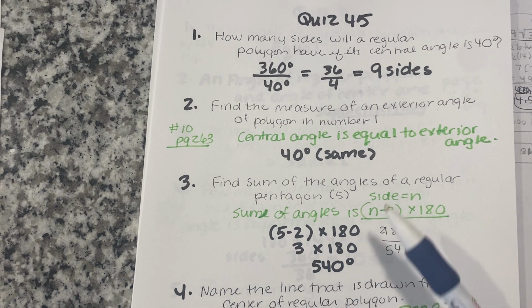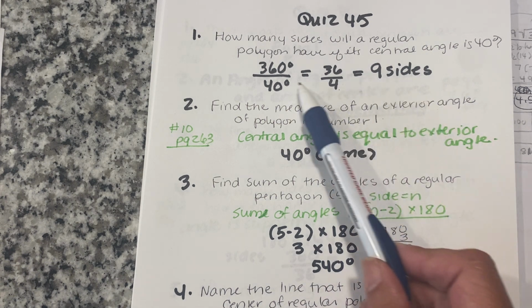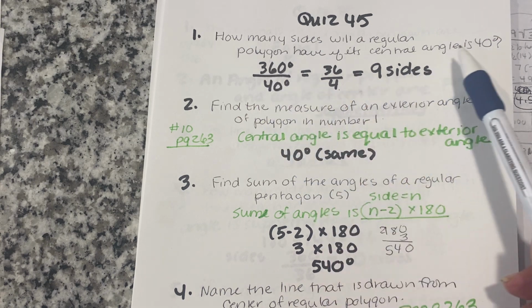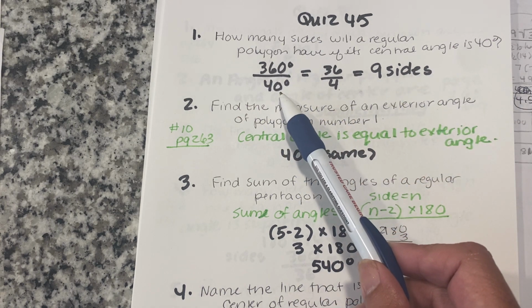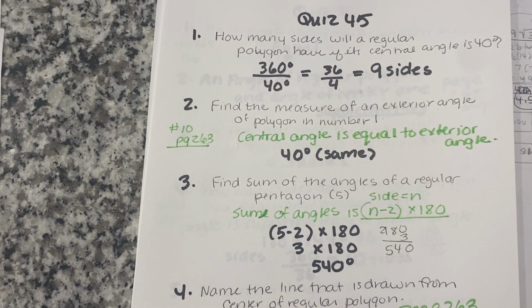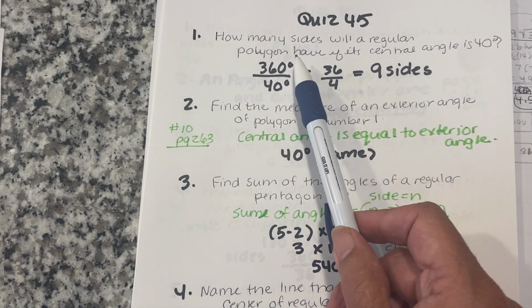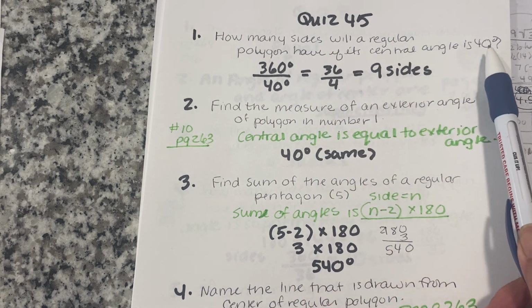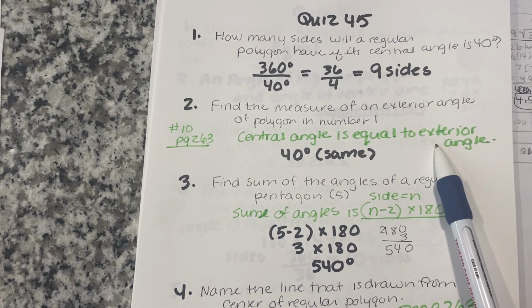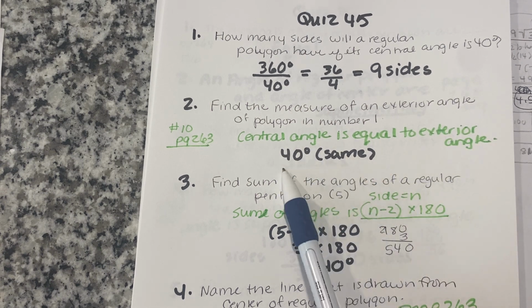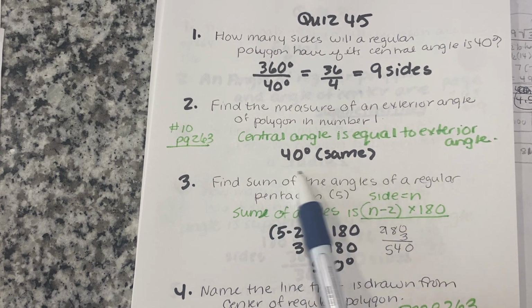So, okay, so we basically have these angles. We have the angle of 40 degrees and 360 degrees. So find the measure. The central angle is equal to the exterior angle. So if we know the central angle is 40, it's going to be equal to the exterior angle. So it's going to be the same. All you have to put is 40 degrees.